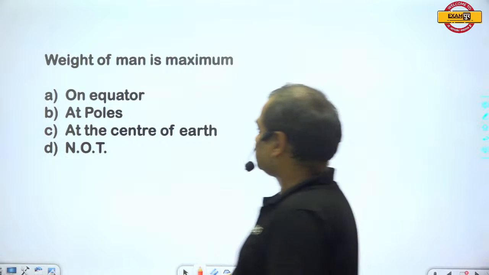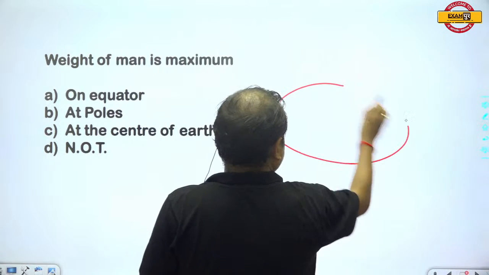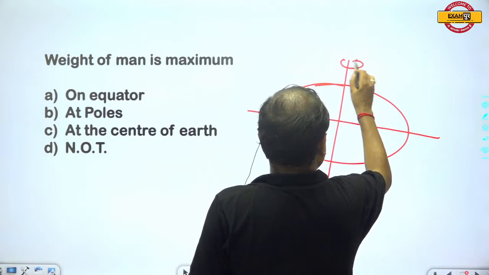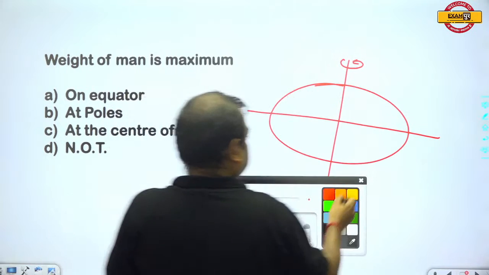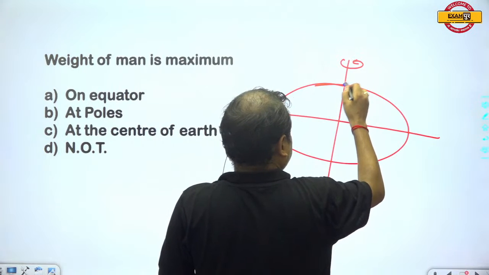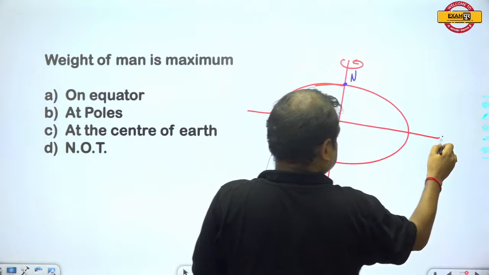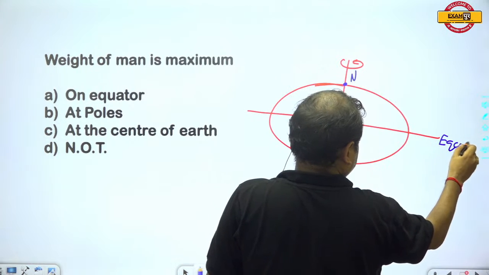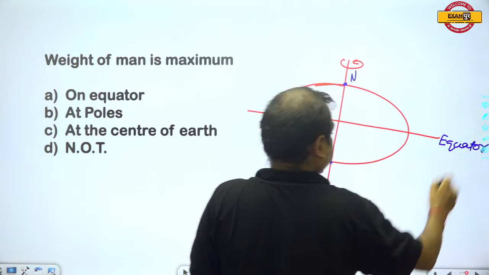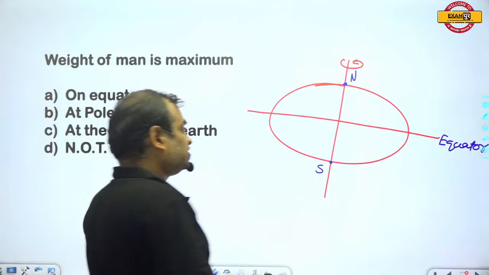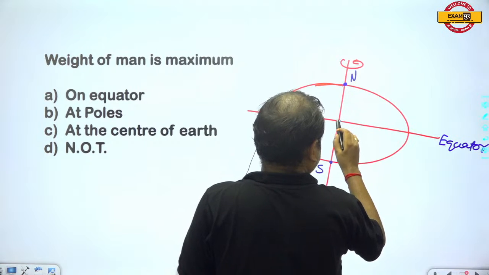Weight of man is maximum. Now this is a very good question actually, and it has already been asked in many examinations many times. Suppose this is north pole, this is south pole and this is equator. The weight of the man depends upon the radius of the earth. Actually, radius of earth is not constant everywhere.